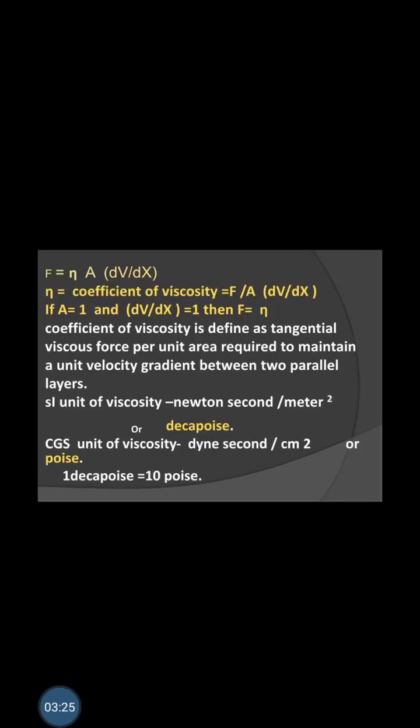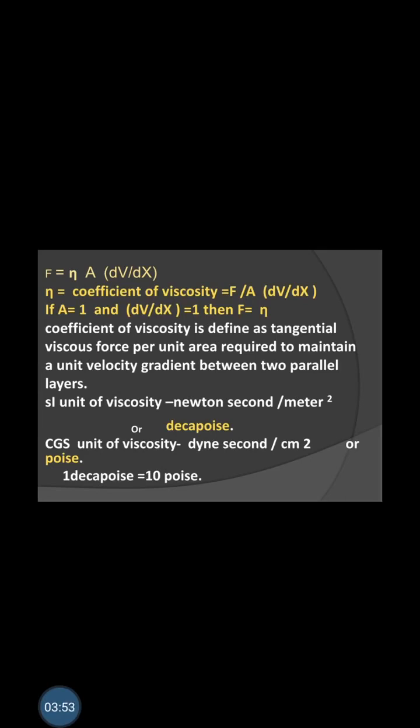Totally, viscous force is proportional to area and velocity gradient, so F is equal to eta A dV by dx, where eta is the proportionality constant called the coefficient of viscosity, and eta is equal to viscous force divided by area into velocity gradient.